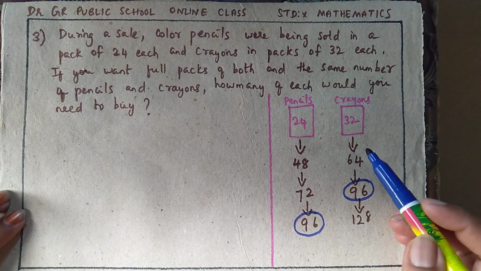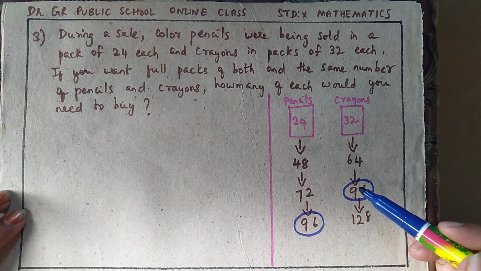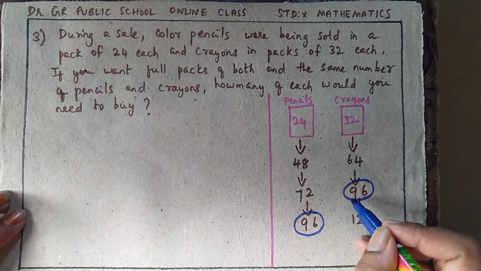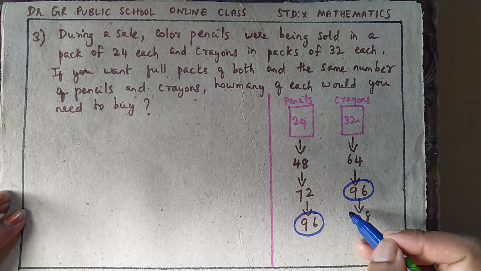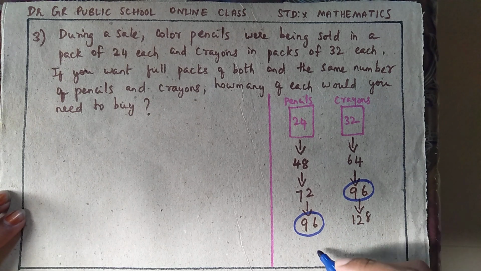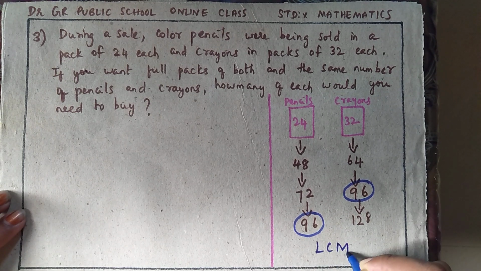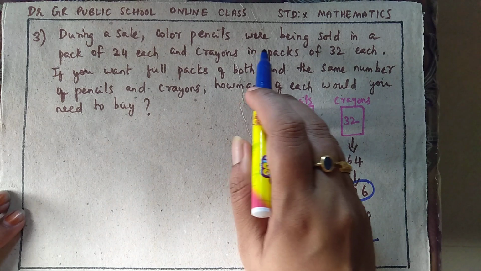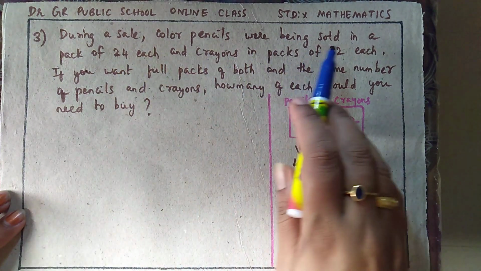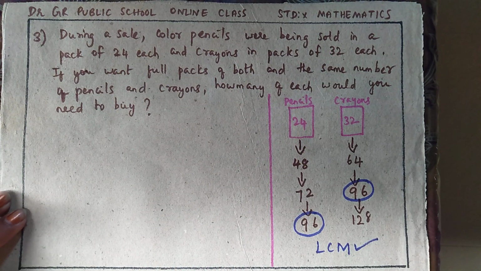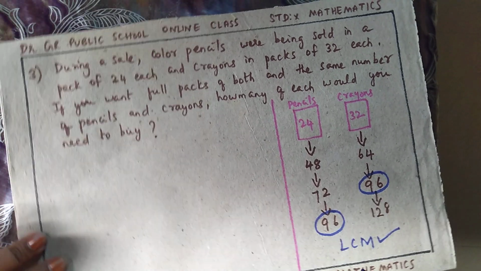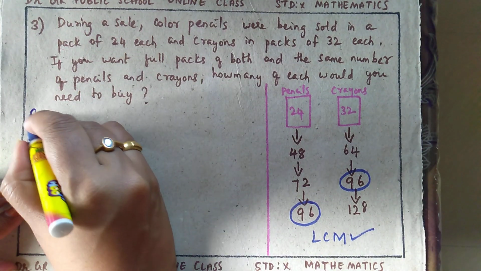So what do you understand from these steps? Here we need to find the common multiple. So it is common multiple, it is LCM. Here we need to find out the LCM of the two given numbers 24 and 32. I think you got the idea. So now we will continue our steps. Solution.